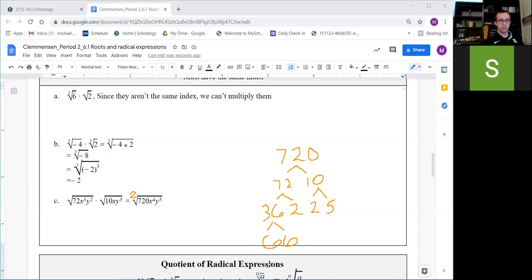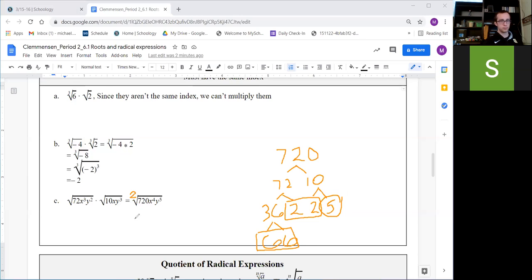So now that I have some things that are matching, I can box these together. I can box these together. Again, the reason I only need a pair in this case is because we have a 2 out front here, right? So we only need pairs. 6s, 2s, 5s left over by itself.